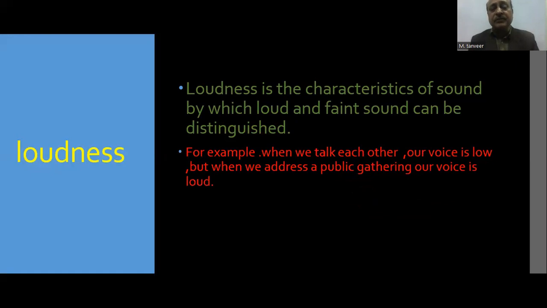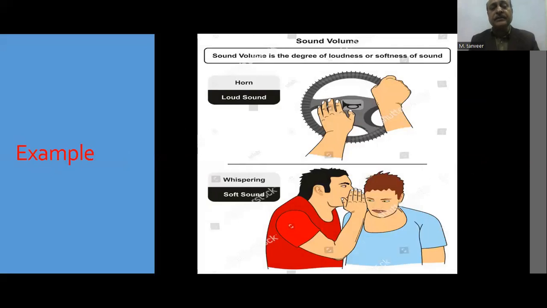For example, when we talk to each other, our voice is low, but when we address a public gathering, our voice is loud. A loud sound is produced by a horn, and a faint sound when you are whispering with one another.